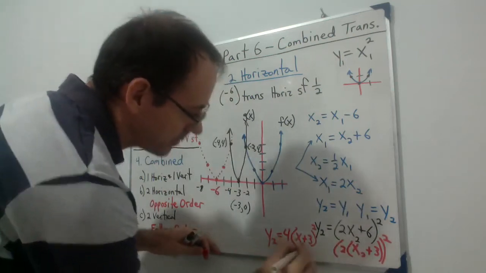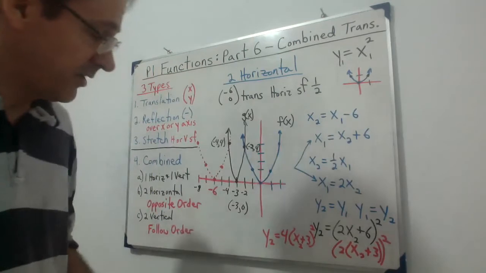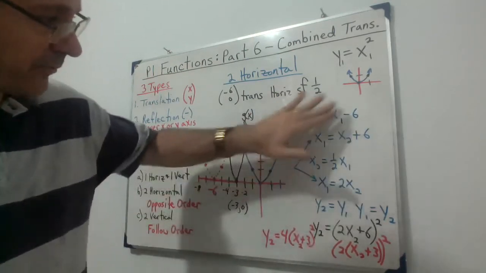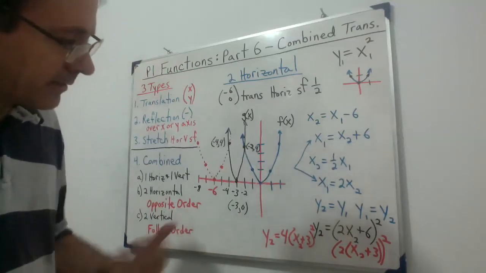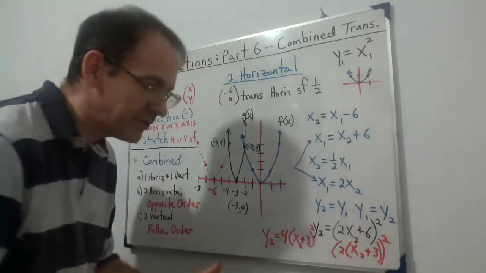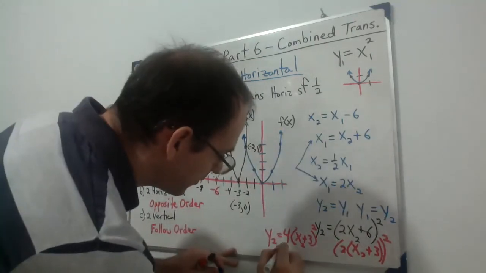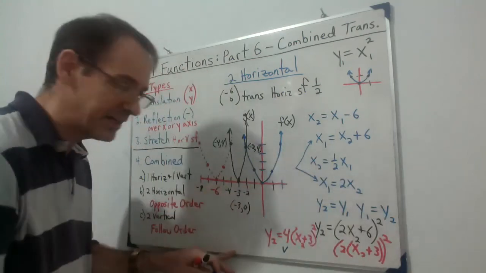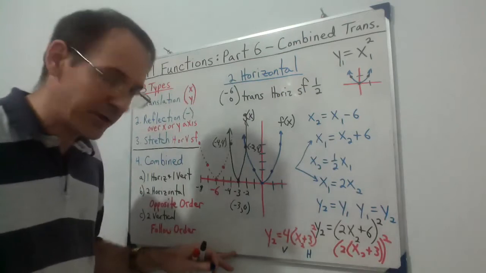And we can keep the little 2 there. We don't really need the subscripts at this point, but it does kind of help us. The subscripts are more helpful up here. But let's check. Instead of having 2 horizontal, what I just did is I converted it to a vertical, because the 4 is outside the function, and a horizontal inside the function.